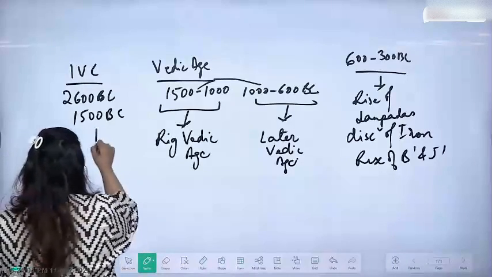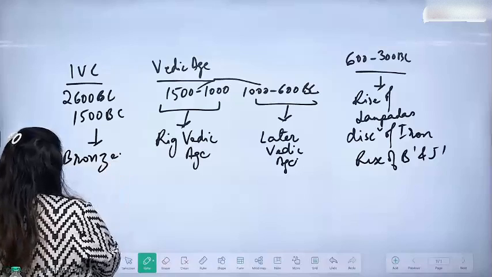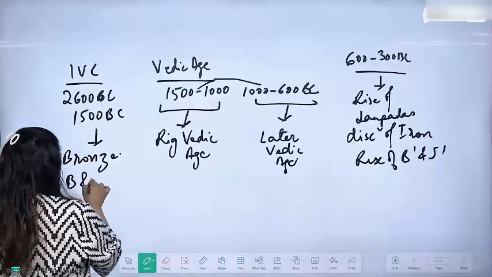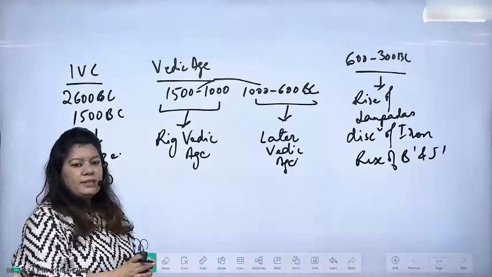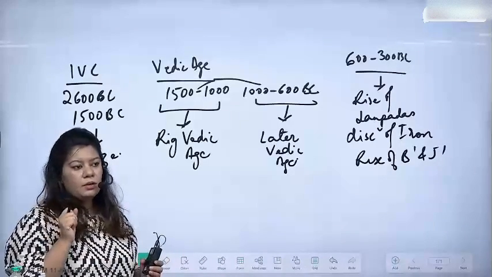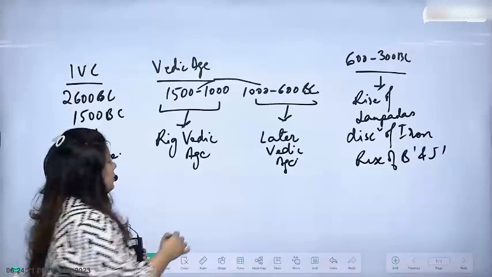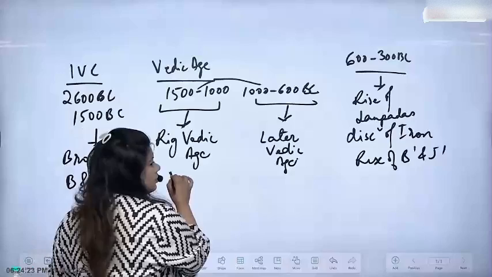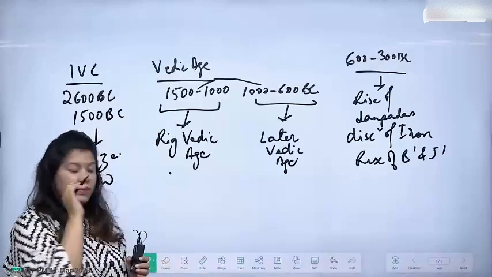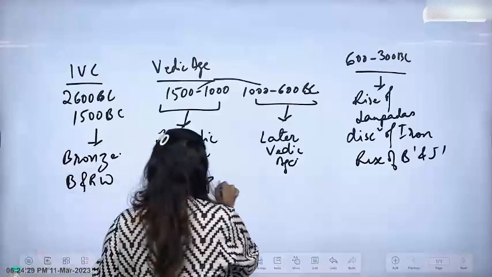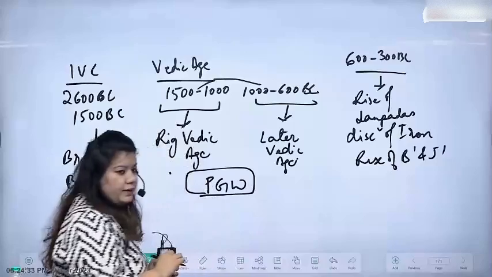So here you see metals like bronze, you see pottery like black and red ware. Okay? Here, what is the characteristic or significant pottery type found? Very good. Painted grey ware. Right?